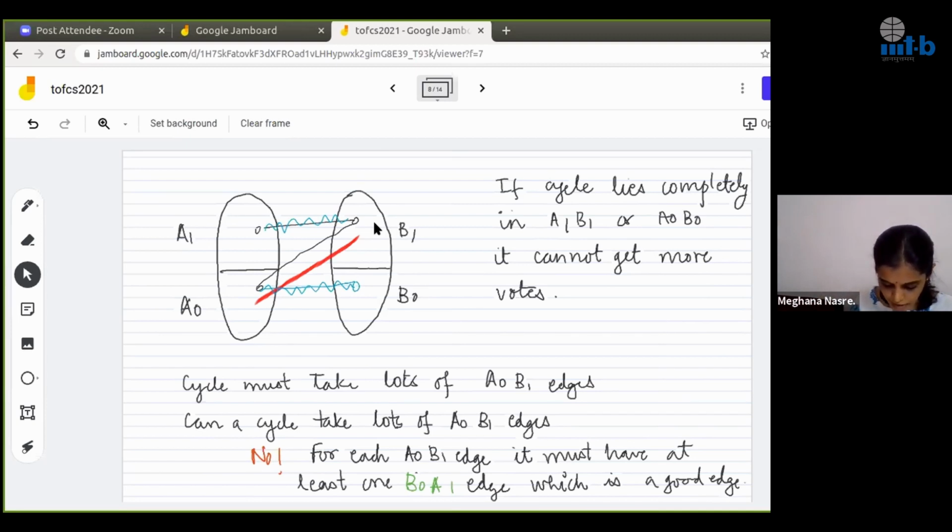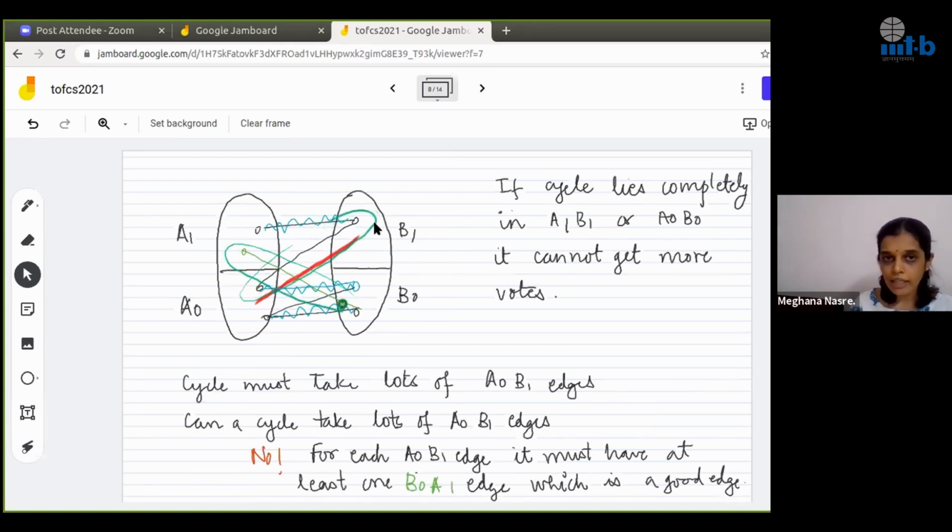So let's say that the cycle continues again here in the part which is below. Then there is no harm that happens, and we simply have no extra votes against M that we have collected. Now maybe we decide to go to A1, in which case we must pick up this green edge. So whatever bad that the adversary had created for me by using this red edge has now been nullified by this green edge.